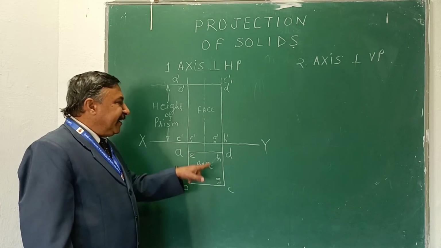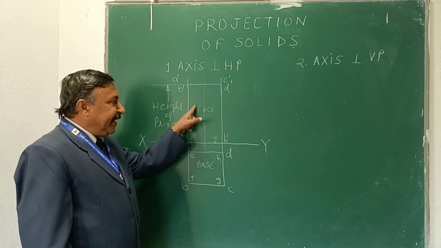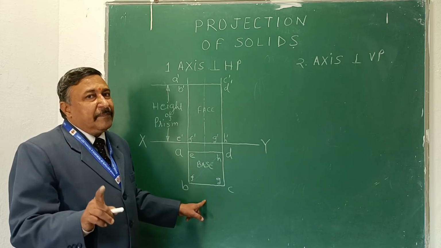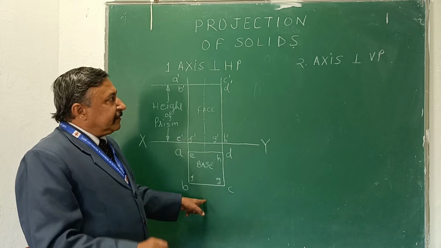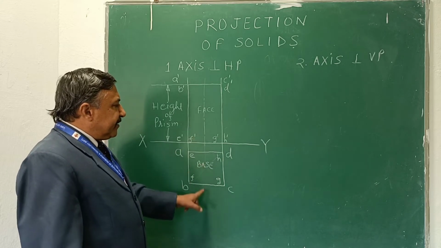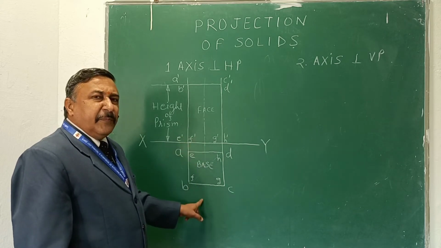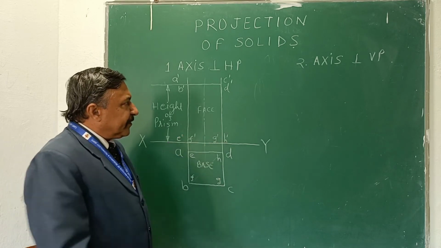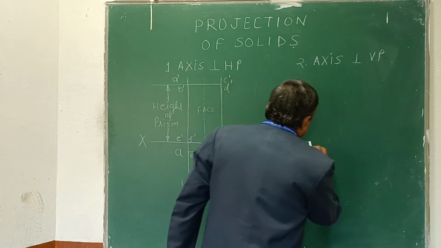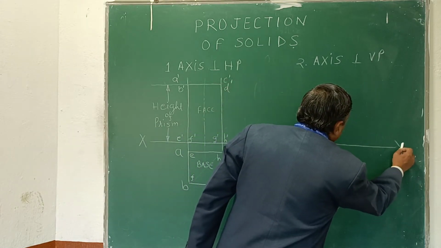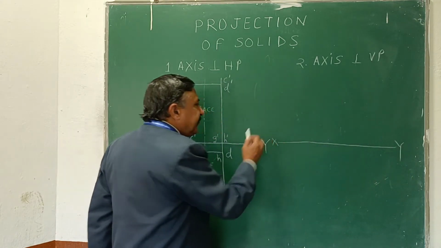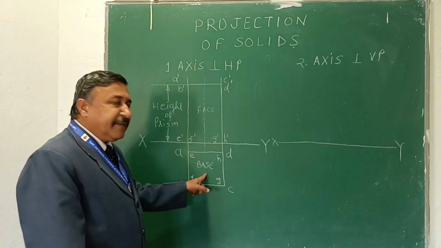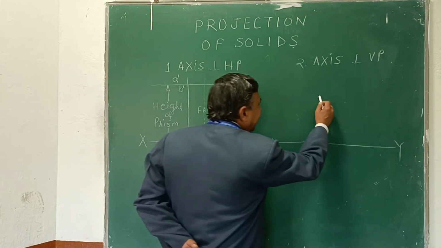So, if the base is in the front view and the face is in the top view, it is axis perpendicular to VP. So, it is just the opposite position. I have to draw and complete this also, how we draw axis perpendicular to VP. You know this whole process. So, first we have to draw the base. So, this is our base.